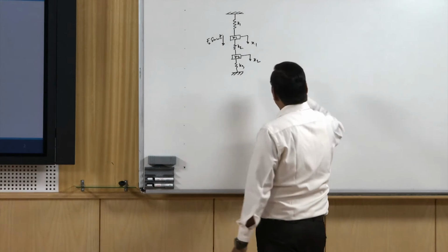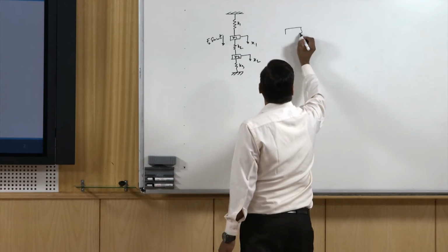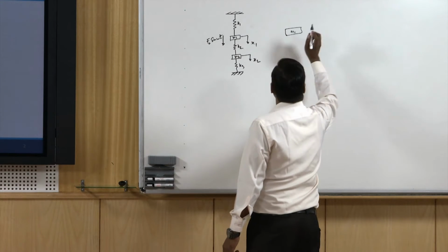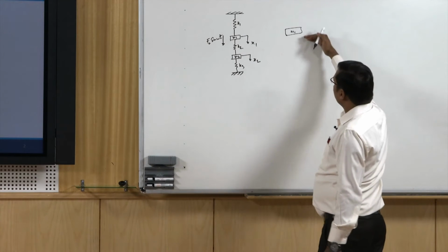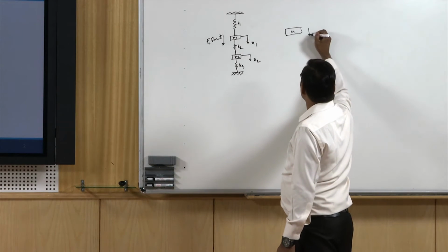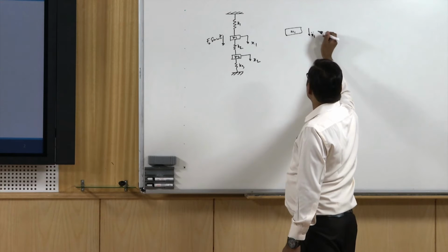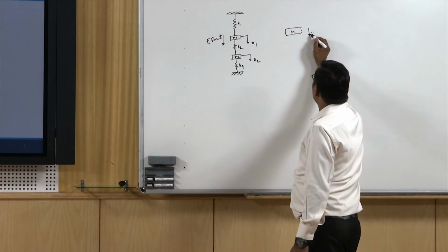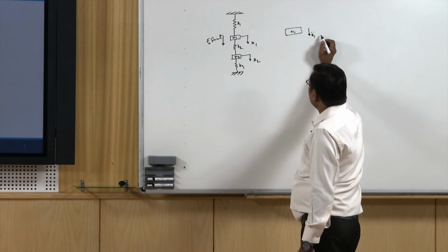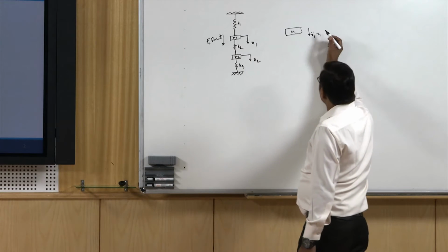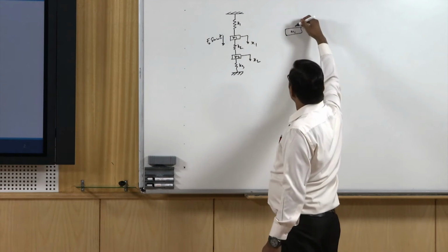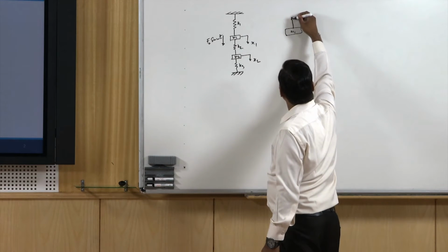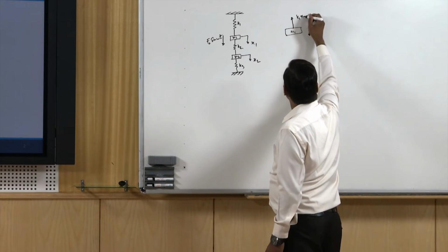Let's take the mass m1. At that instant of time its displacement is x1 and its acceleration is directed in the same direction as x1, so we are going to pull this spring. So this spring will apply a force k1 times x1.